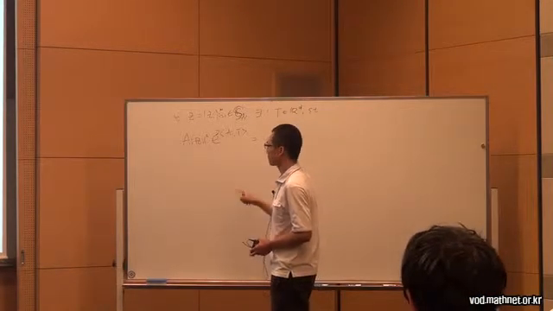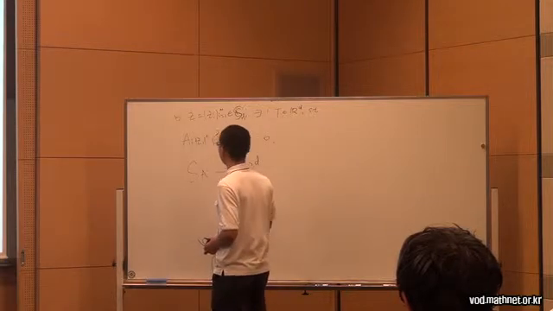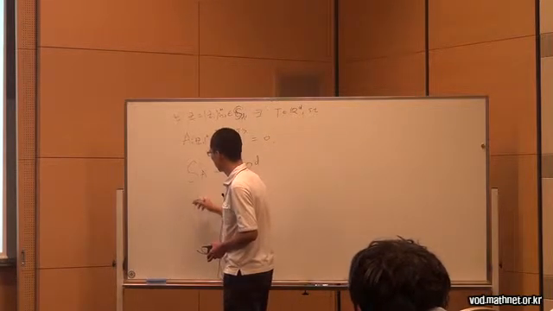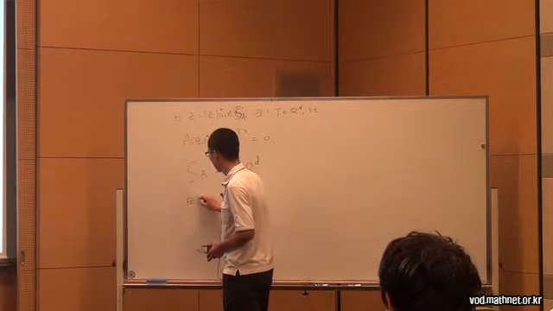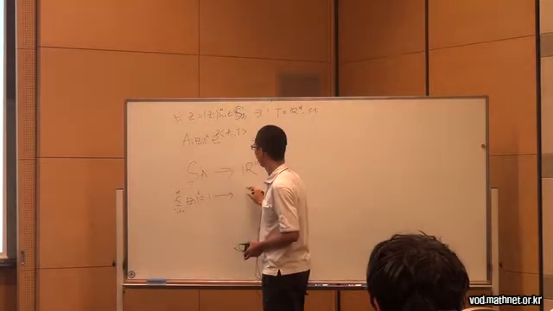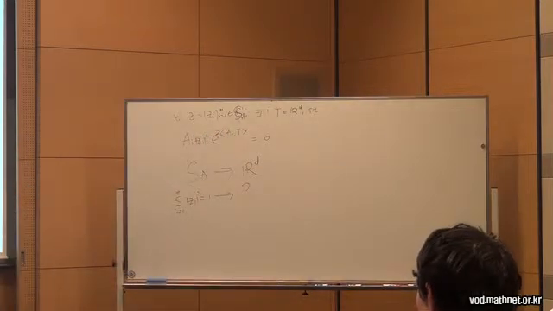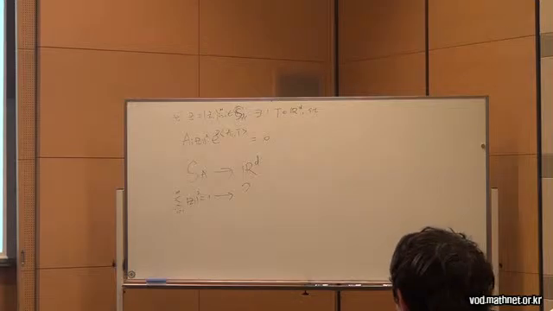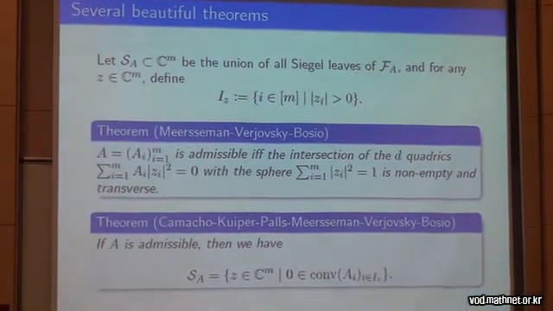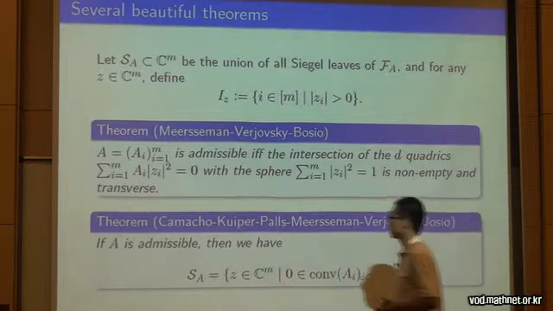So that means from S_A to R^d, there is a smooth function that corresponds to the solution of this equation. And we can imagine that when we take the sphere, then what is the picture in R^d? So the original proof of this theorem is by showing that this projection is something like the image of this map. It's something like a polytope and it's compact. So we can get this characterization theorem.